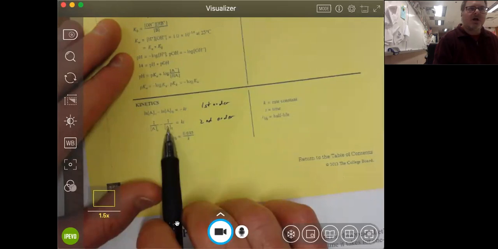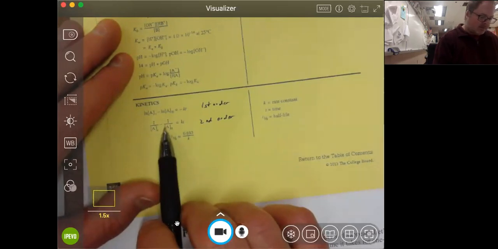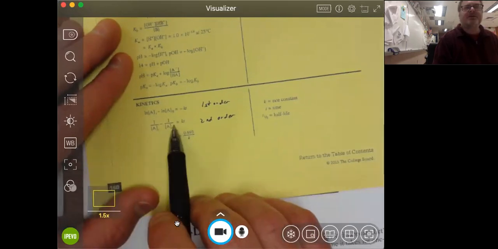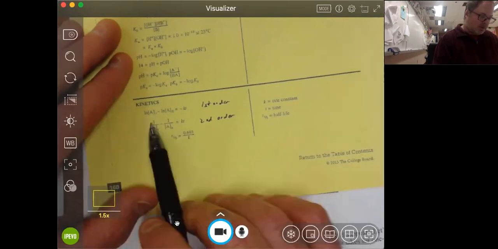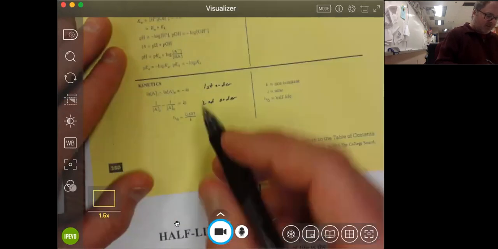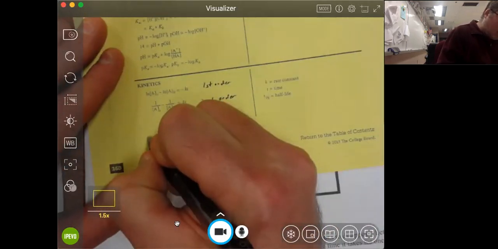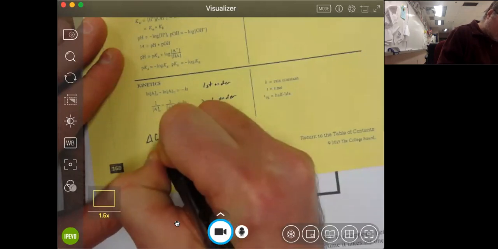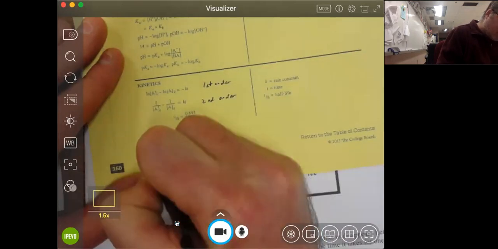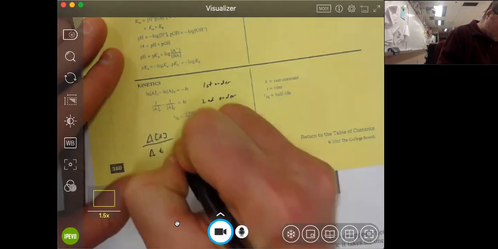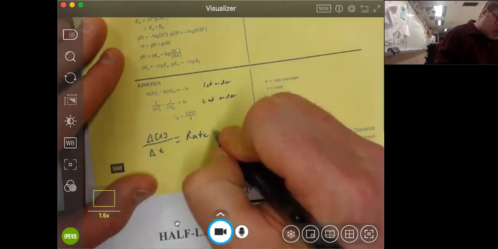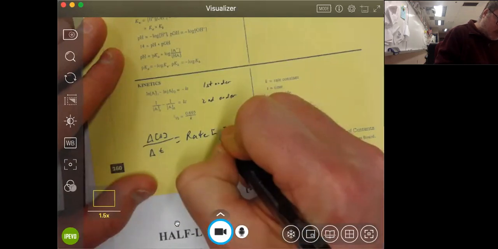If it's a second order, you can see that it is a little bit different of an equation. Basically because the way that we're making these is we're taking the change in concentration over change in time equal to rate times K.